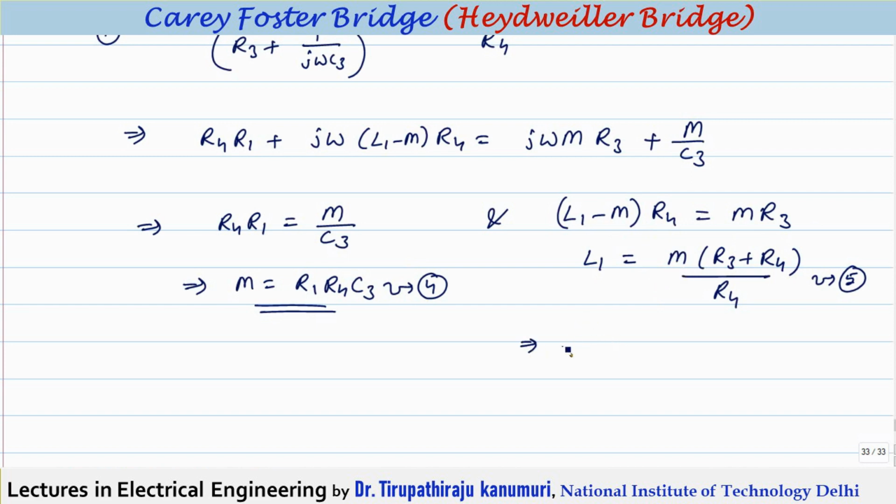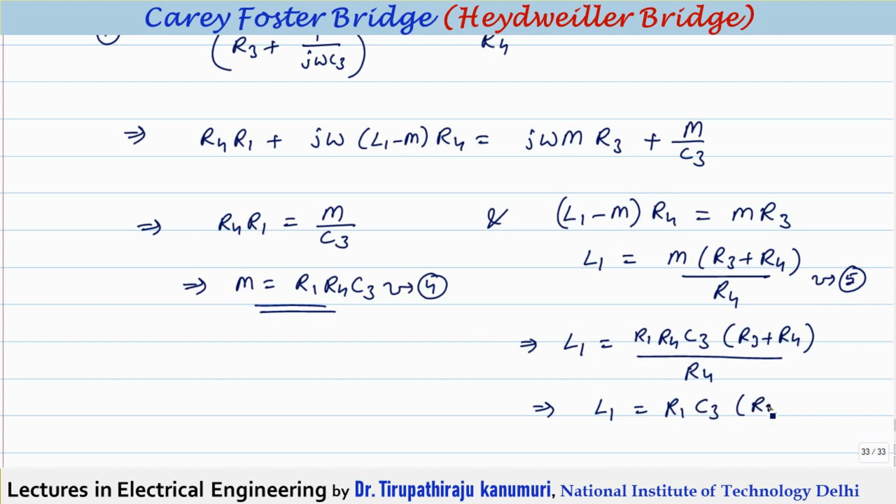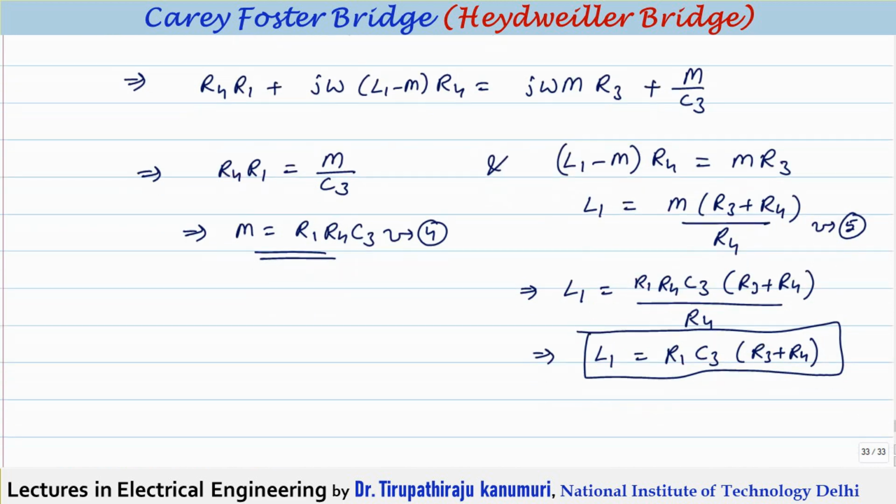So L1 will be equal to R1 R4 C3 into R3 plus R4 divided by R4. R4 will cancel, so my value of L1 is R1 into C3 into R3 plus R4. In this way we can calculate the value of the self inductance L1.